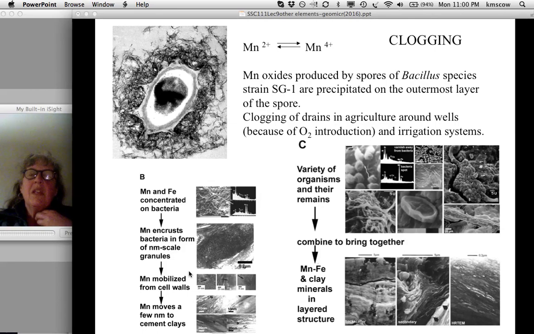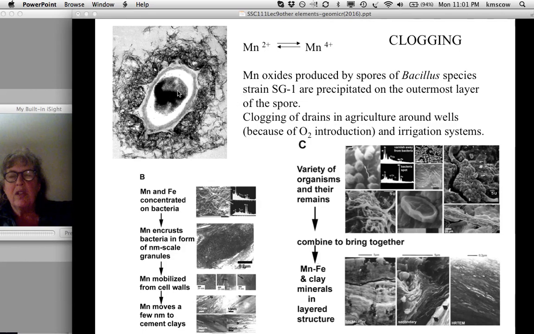And the other place where manganese is an issue, and iron as well, is clogging. This happens a lot in pipes, like in irrigation systems. This shows you a bacillus spore that has all this manganese precipitated around the outside of the spore.